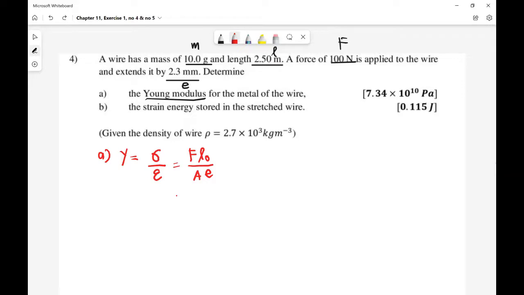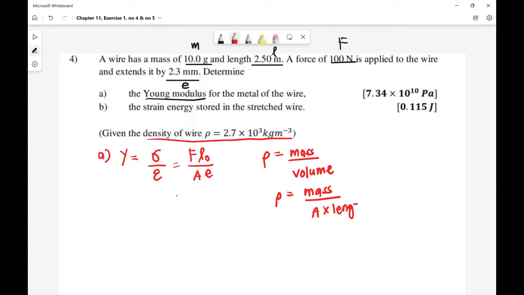Okay, so cross sectional area ni mungkin kita boleh dapat daripada nilai density of wire. So formula bagi density adalah density equals mass over volume, yang mana volume ni dia adalah sama dengan cross sectional area times L, iaitu length. Boleh imagine tak bentuk wire macam mana?